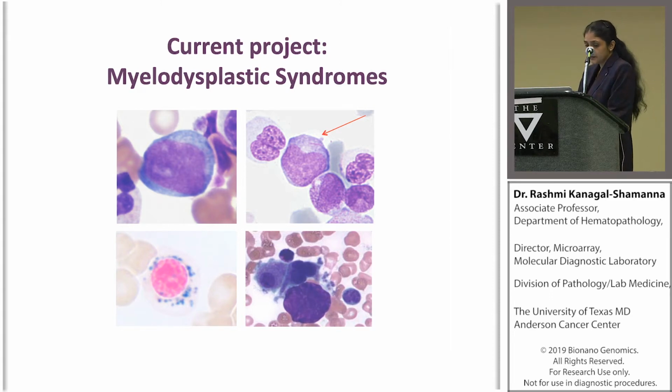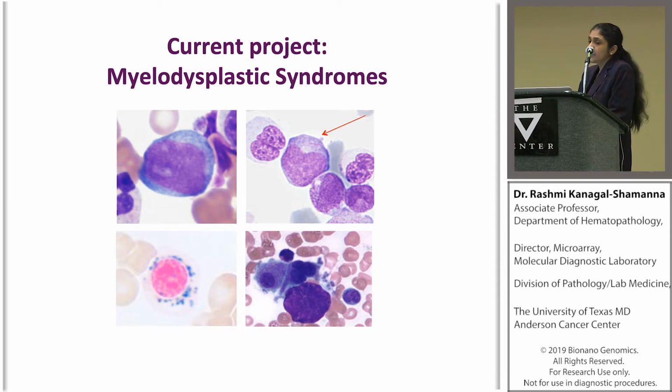patient treatment. So just to give a brief overview, myelodysplastic syndromes are clonal neoplasms. They are characterized by three things. Firstly, cytopenias due to ineffective hematopoiesis. Secondly, they have a lot of dysplasia in the hematopoietic cells.